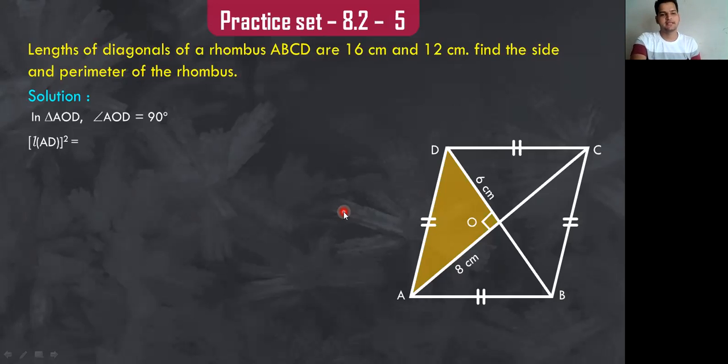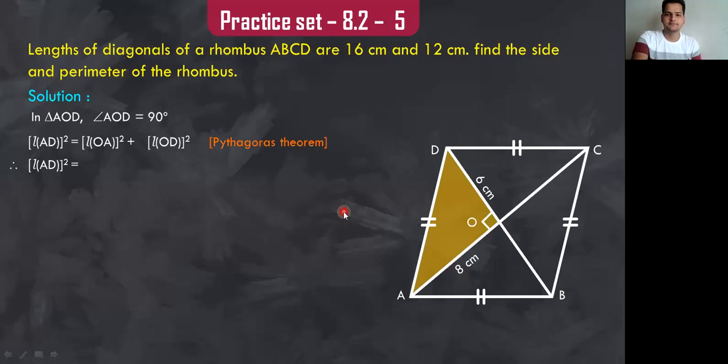So length of AD square will be equal to length of OA square plus length of OD square. What is the value of OA? It was 6. Okay, the values have been interchanged a little bit, don't worry. You can swap the values. OA will be substituted as 8 and OD will be substituted as 6 square.